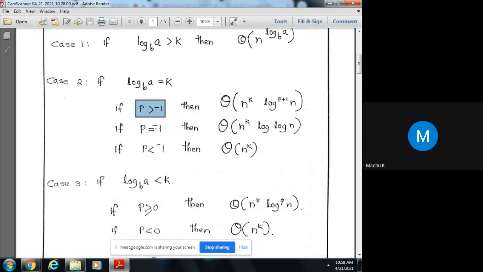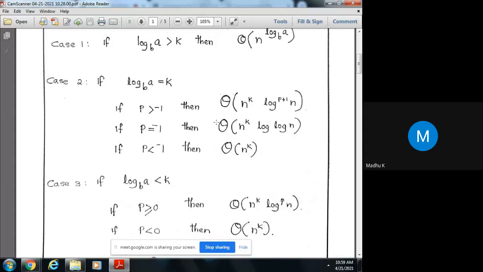One is if p is greater than minus 1. If p is greater than minus 1, then what will be the complexity? This is the general format: theta of n raised to k log power p plus 1 n. Then the second case, if p is equal to minus 1, then theta of n raised to k log log n.